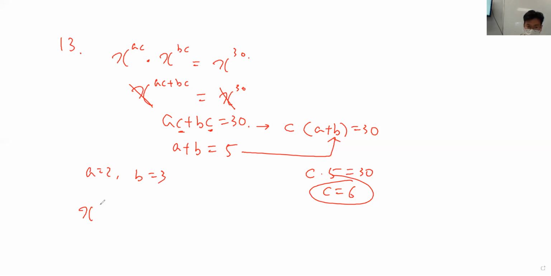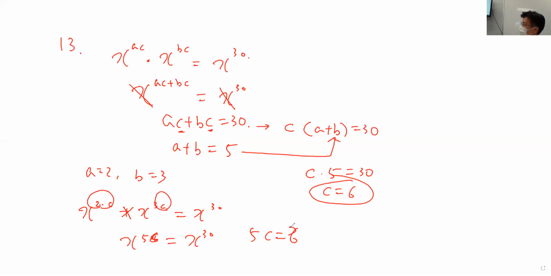So x to the AC plus x to the BC equals x to the 30. So then x to the 5C, because you're adding, right? Then that becomes x to the 30. So 5C equals 30, and C has to be 6.